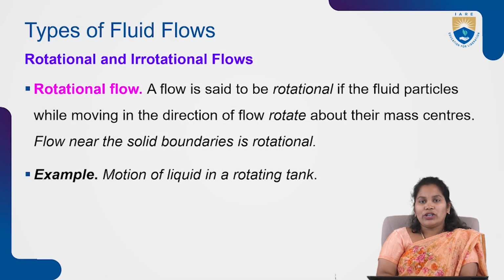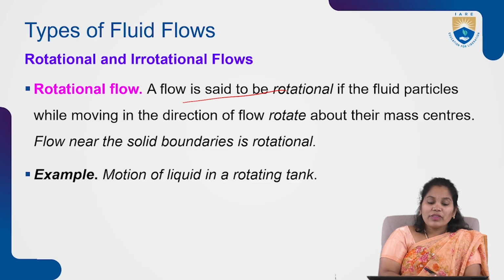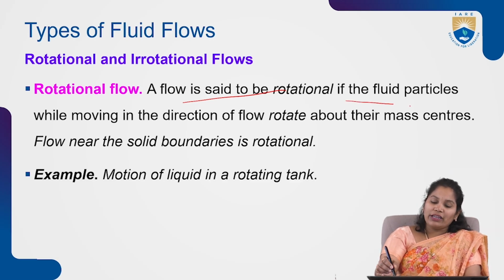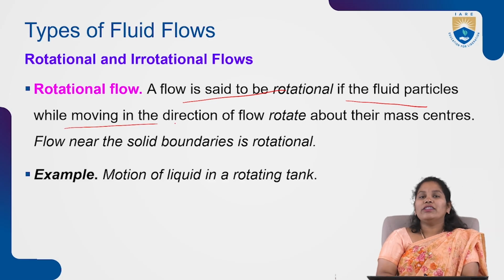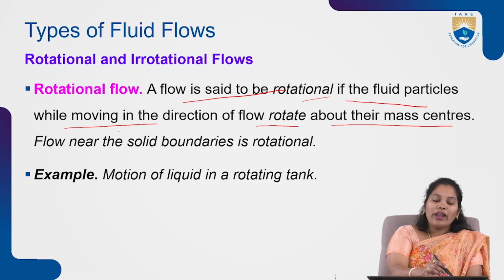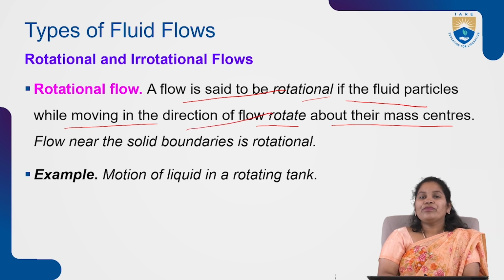Rotational and irrotational flows are another type of fluid flow. Rotational fluid flow is a type of flow where the fluid particles, while moving in the direction of flow, rotate about their mass centers.